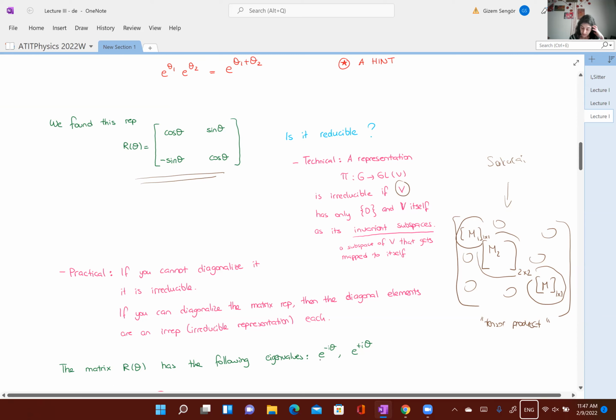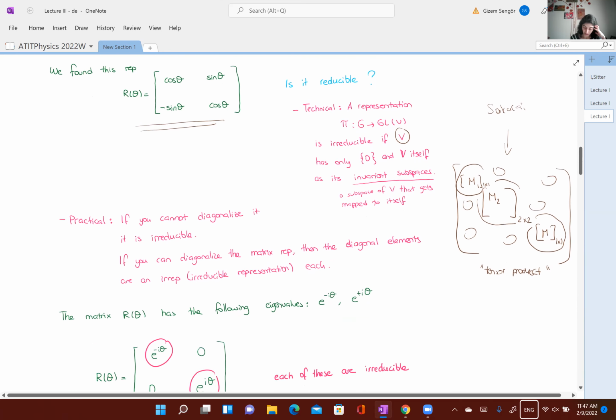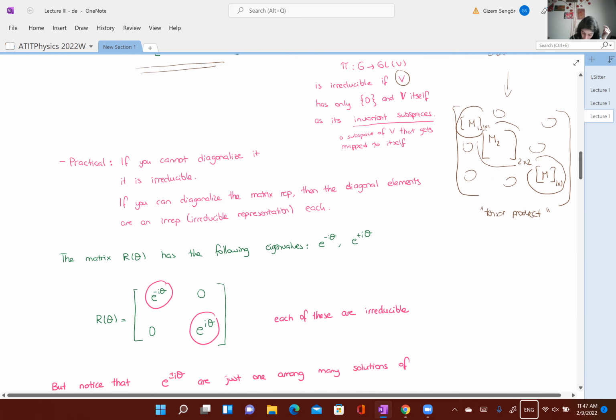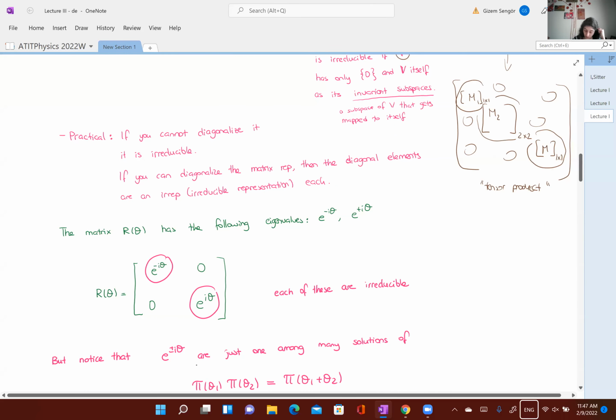And it turns out that its eigenvalues are e to the minus i theta and e to the plus i theta. So just exponentials. And you see, they just sit at the diagonal. So each one of these is an irreducible representation. And these are just, if you like, mini 1 by 1 matrices. So these are one-dimensional objects.